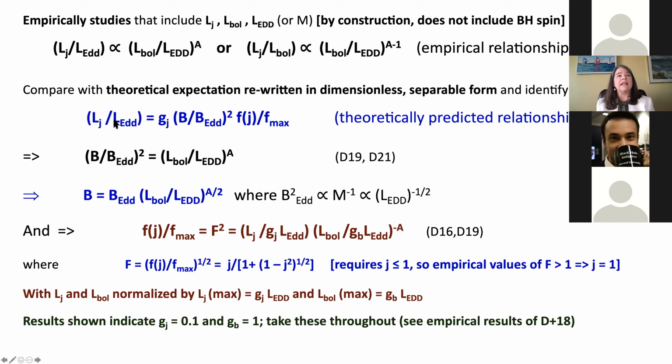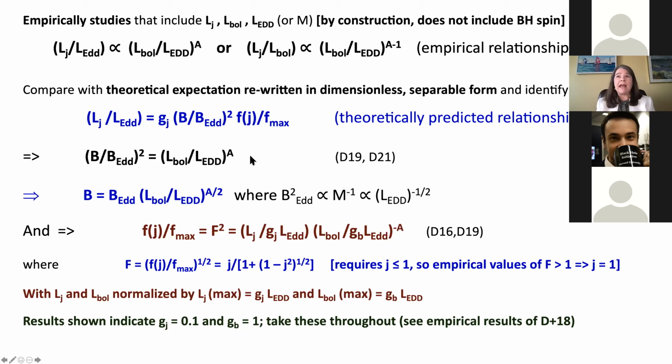Obviously here's the outflow, Lj over L ed, and we have a term here, L bol over L ed to the A, that applies to the full accretion disk, not one particular component of the accretion disk, and B over B ed squared also applies to the full accretion disk. So we identify these terms.